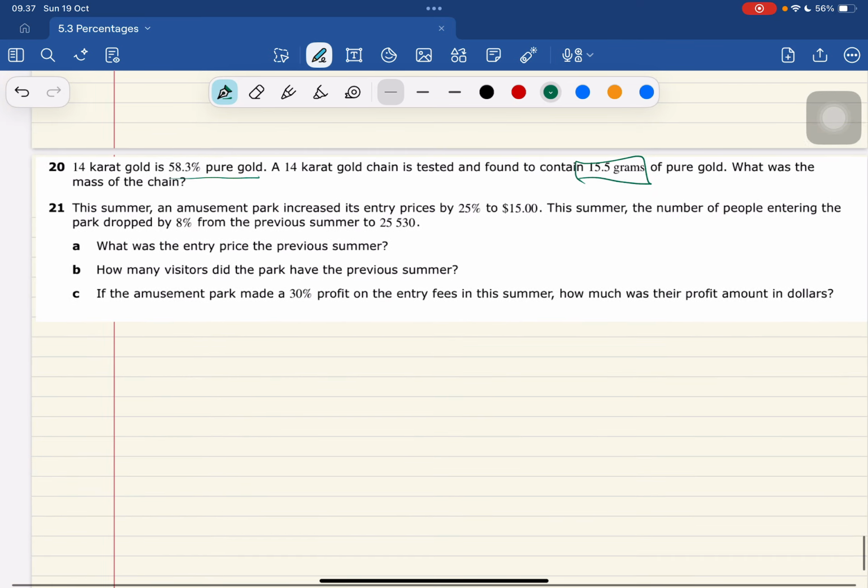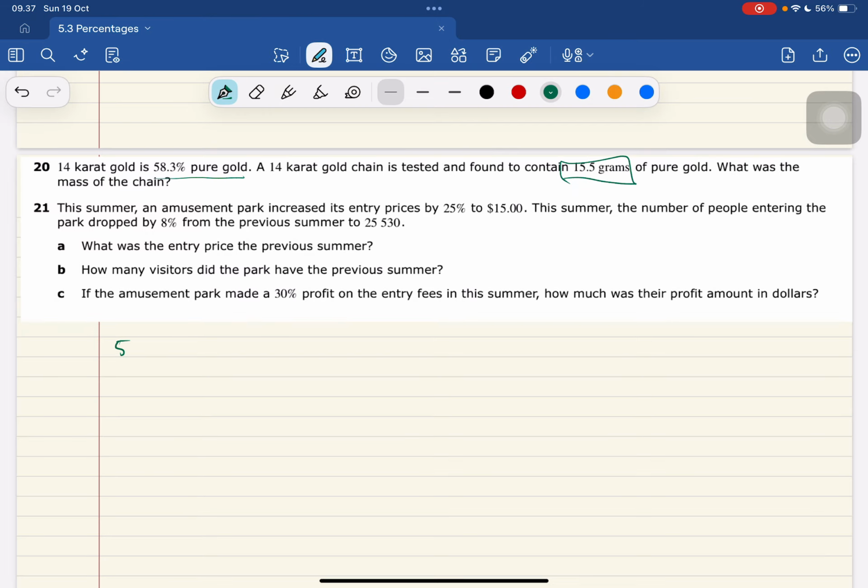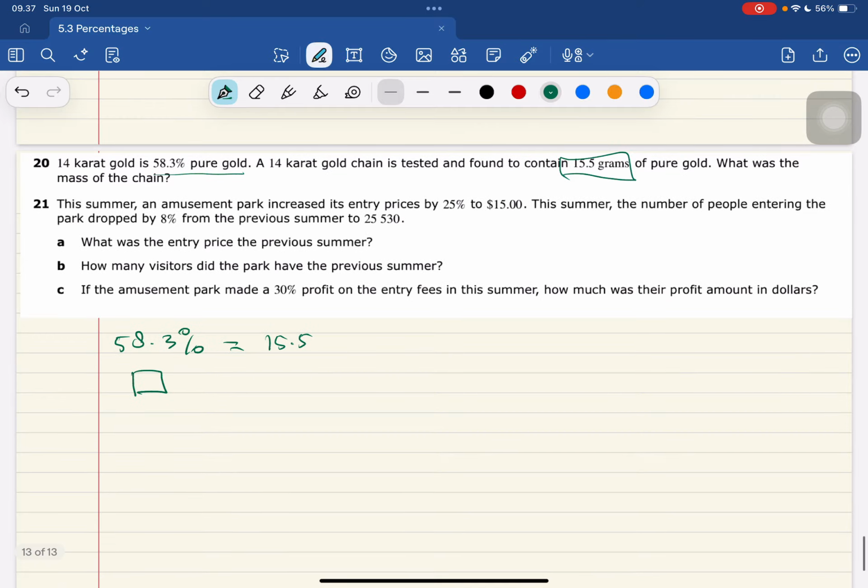So if 58.3 percent equals 15.5 gram, what is the total? So total times 58.3 over 100 equals 15.5.